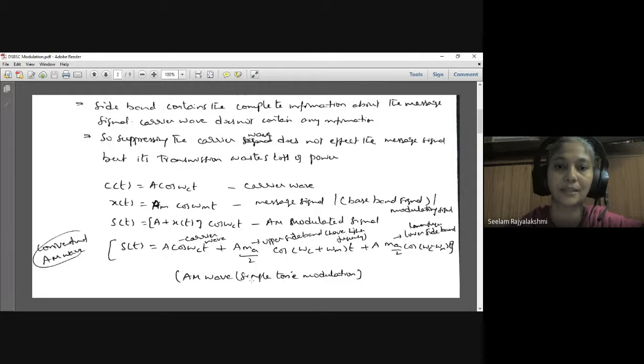Already we have seen this in single tone modulation. The second term, with omega c plus omega m, is the upper sideband, which has the higher frequency. The third term, omega c minus omega m, is the lower sideband with lower frequency. By superposing the carrier wave and message signal, we obtain this amplitude modulation wave.